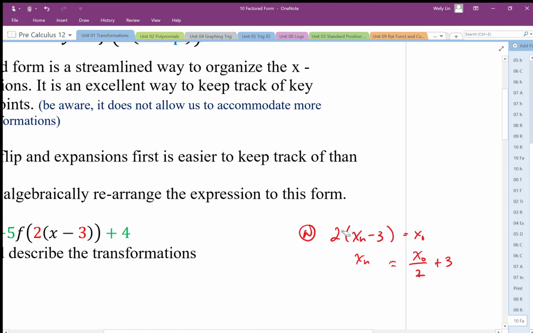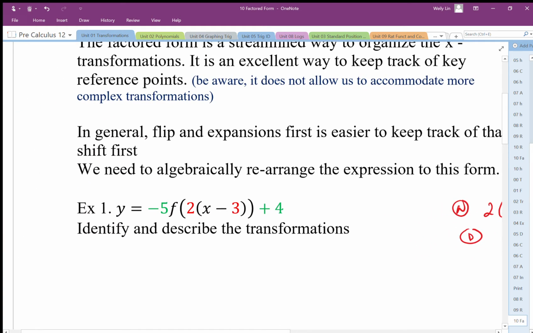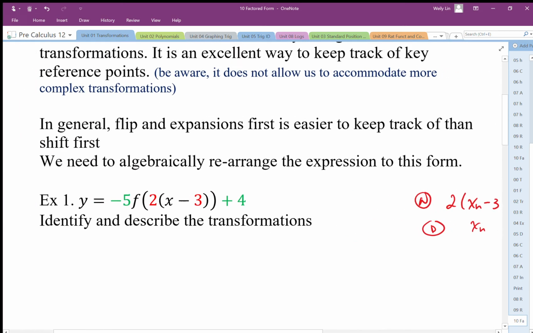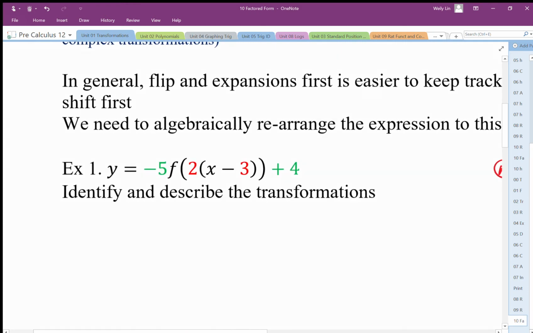So it does this first when we transfer it over there, and the minus 3 is done afterwards. So we can see that our factored form is always going to do the shift last. If we understand that, we can just leave it in factored form and not have to do all this undoing stuff. So when I see this, this is factored form.